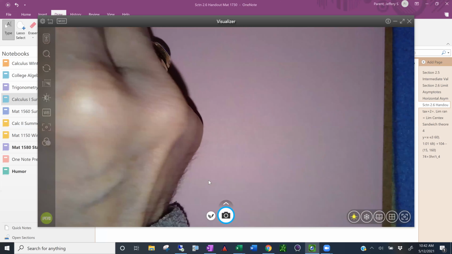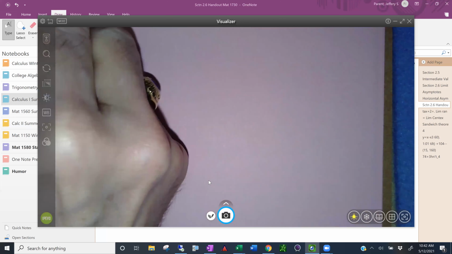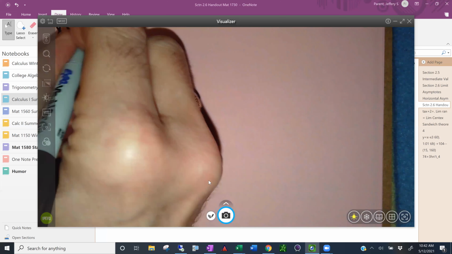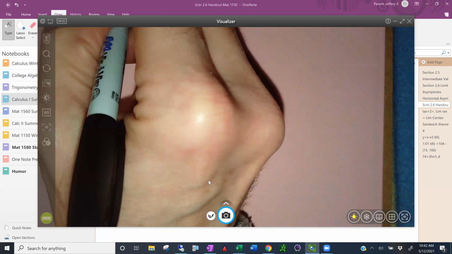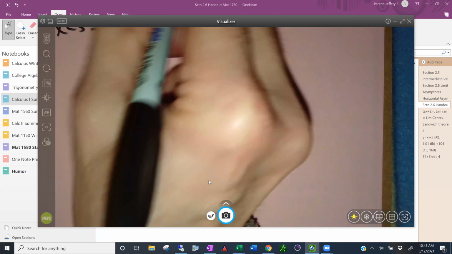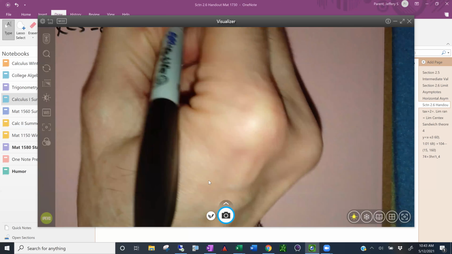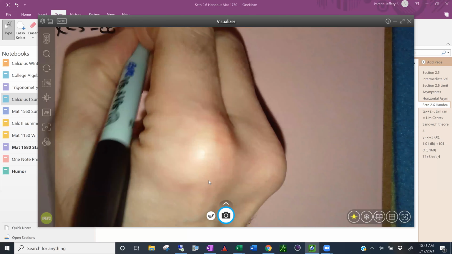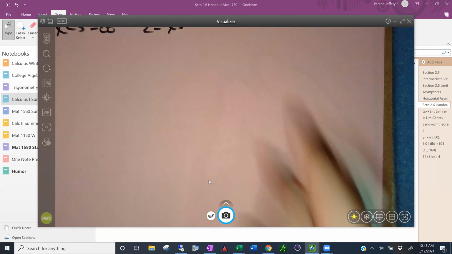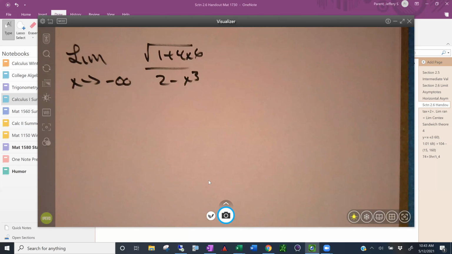So limit as x approaches negative infinity of the square root of 1 plus 4x to the 6 over 2 minus x cubed. And let's get that in view.